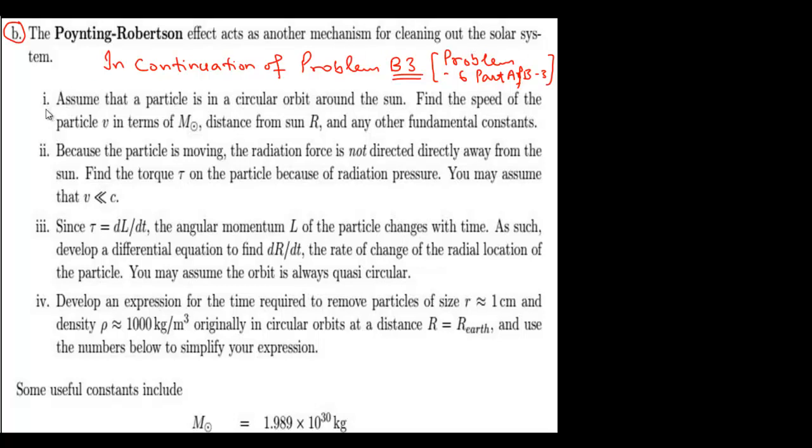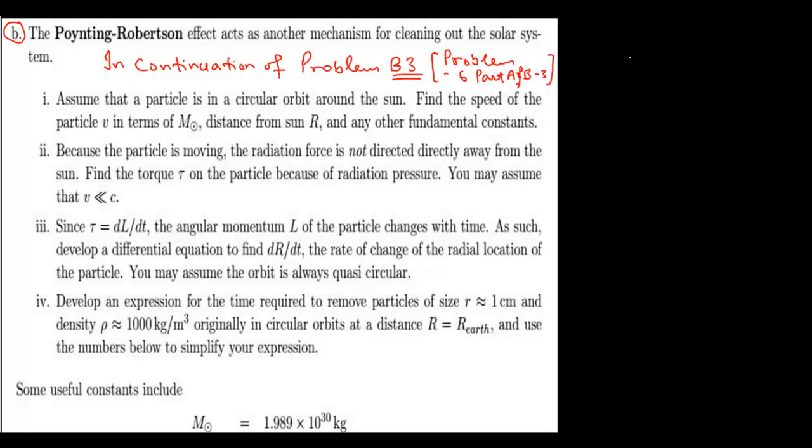In the first part of the question, he is asking that assume that a particle is in circular orbit around the sun. Find the speed of the particle v in terms of solar mass, distance from the sun r, and any other fundamental constants we can use. Clear?